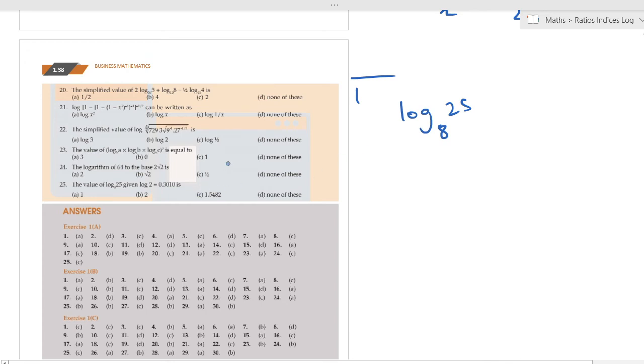Since we know the value of log 2, we need to solve the question in such a way that we only get the value of log 2. See, if nothing is given, we assume that the base is 10. So we know the value of log 2 to the base 10 is 0.3010. If we want to convert it into base 10, we should convert it like this: log 25 base 10 by log 8 base 10.